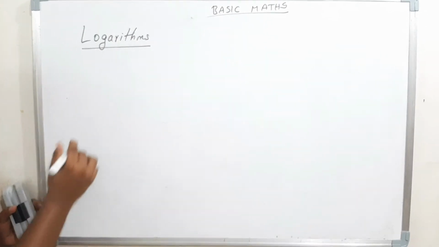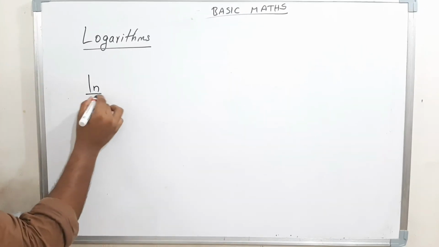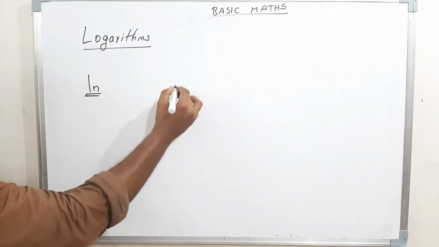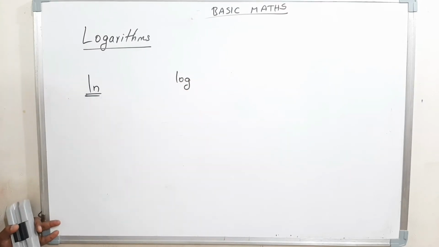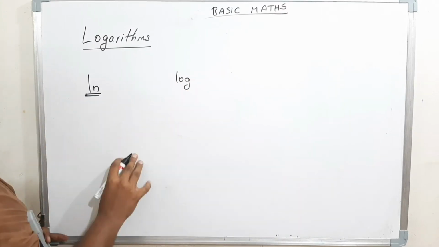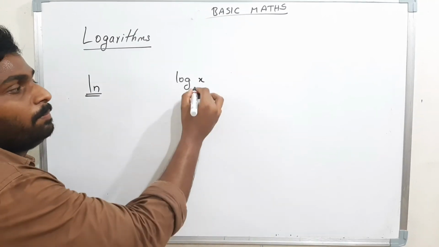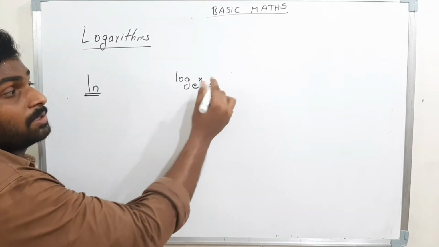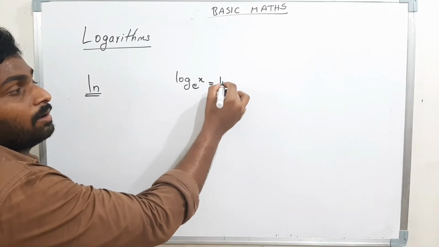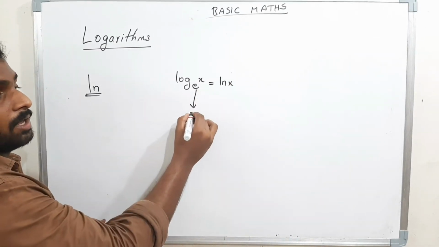Now the last one, ln. This is important. What is ln? Whenever the log has base e, that means log x base e, this will be represented by ln x. E means exponential.